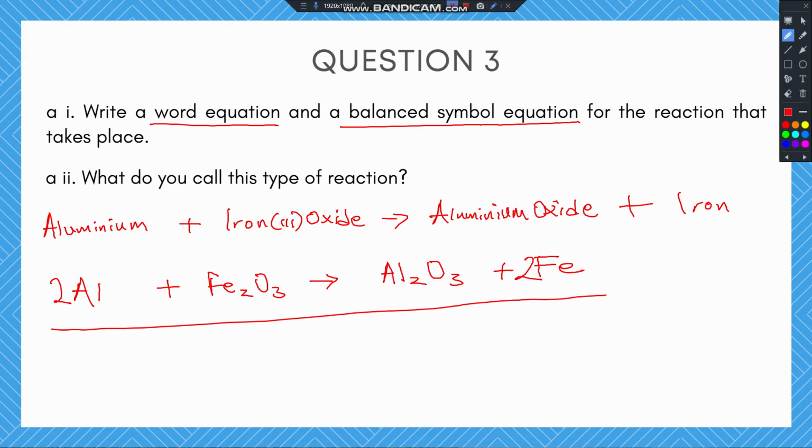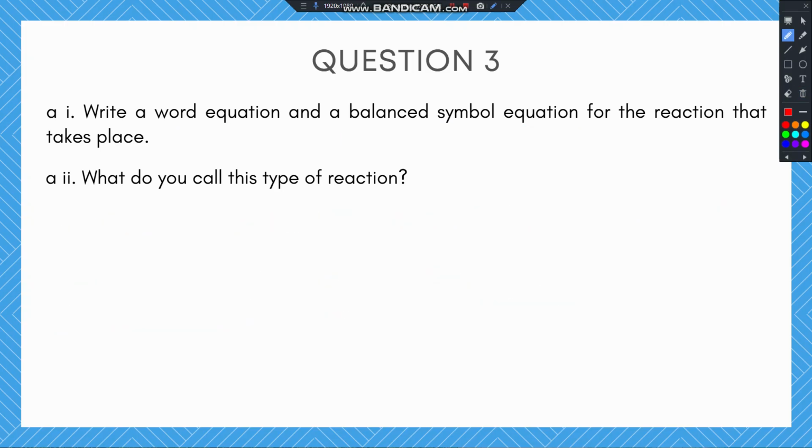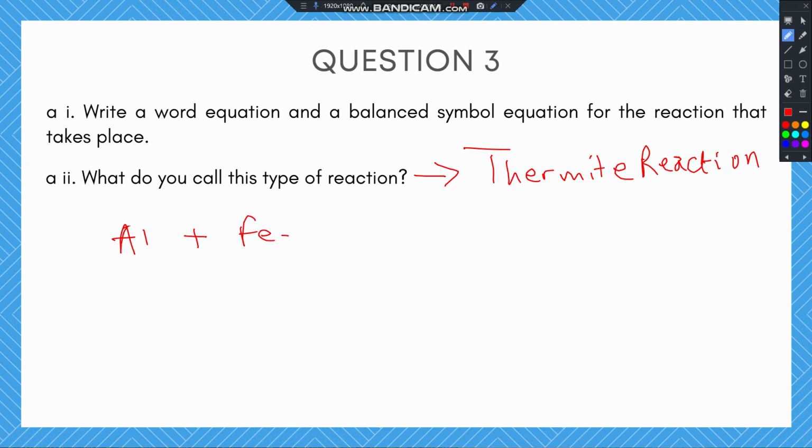Alright, so the next question asks us, what do we call this type of reaction? This type of reaction is called the thermite reaction. It is a reaction whereby aluminium is reacted with iron 3 oxide, Fe₂O₃, in order to produce molten iron and aluminium oxide.